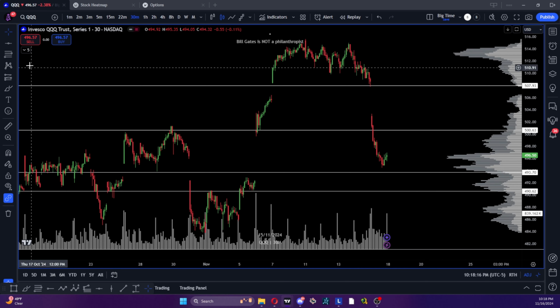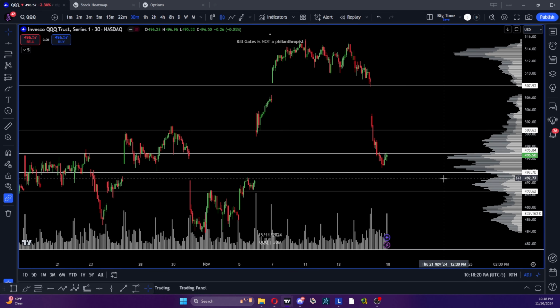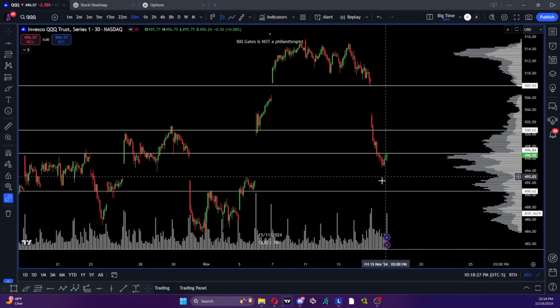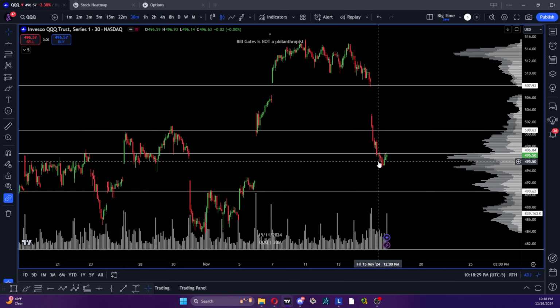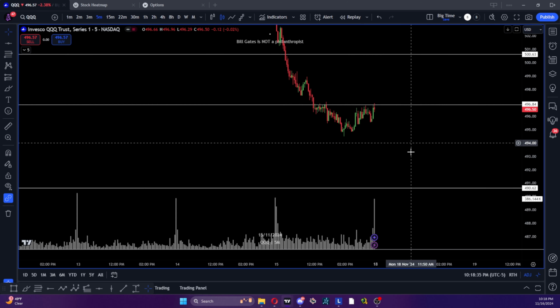And as we said a few weeks ago, levels are one thing, but to make sense of the levels is the most important thing, right? What am I going to do if it reaches a level? For instance, if QQQ is trading right now and I'm saying, okay, if QQQ reaches 496.84, this is the top of the peak. I'm going to see if on the 5-minute it's going to be rejecting that area, right?